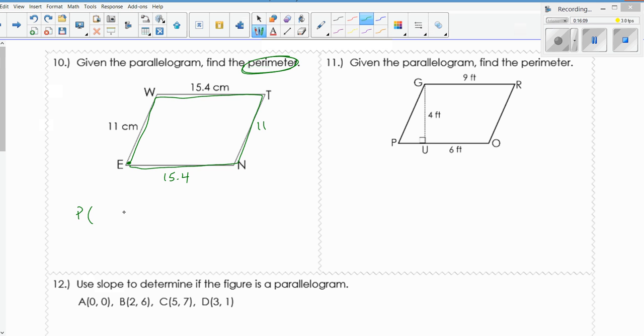So my perimeter is equal to, I can add them all up, or I could say 2 11s plus 2 15.4s. When I add those up, I find that my perimeter is 52.8 centimeters. Make sure you include your units.